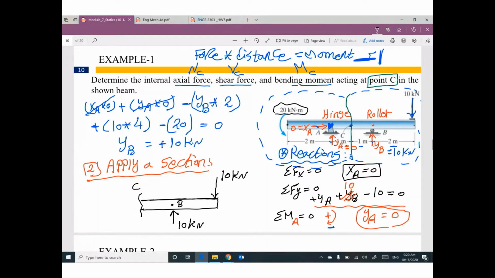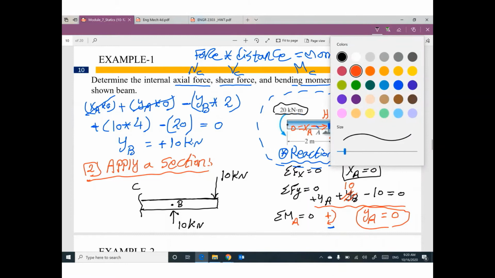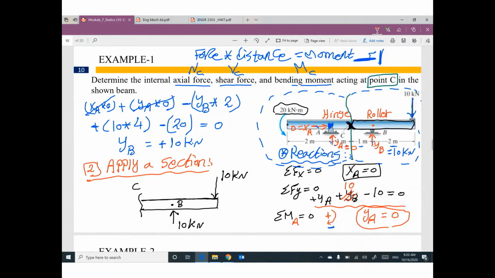Do you have anything else on the right part of the beam? No. At your cut, we have 3 internal forces: normal, shear, and moment.